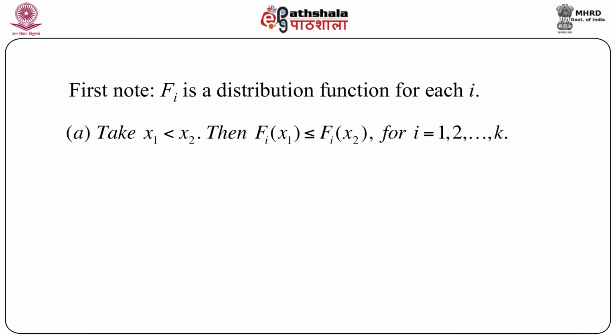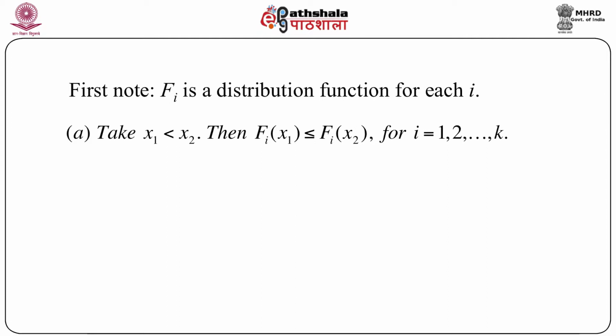Since Fi is a distribution function, if we take two numbers x1 and x2 such that x1 is less than x2, then we can immediately write capital Fi(x1) is less than or equal to capital Fi(x2). This is true for every i equals 1, 2 and so on to k. This comes directly from the property of a distribution function.